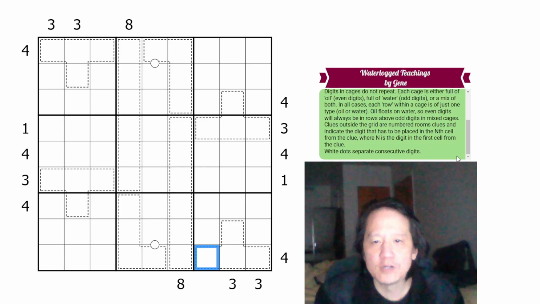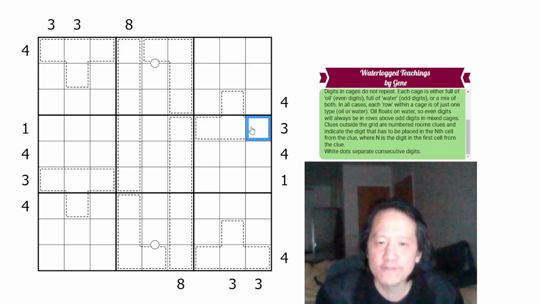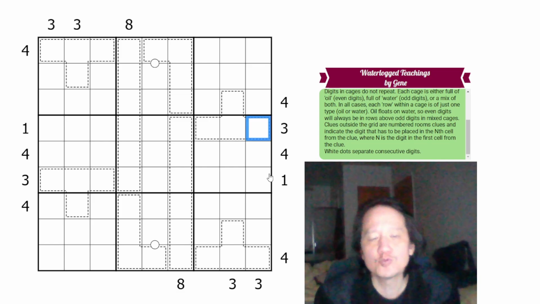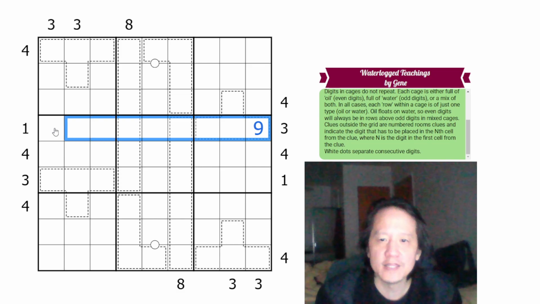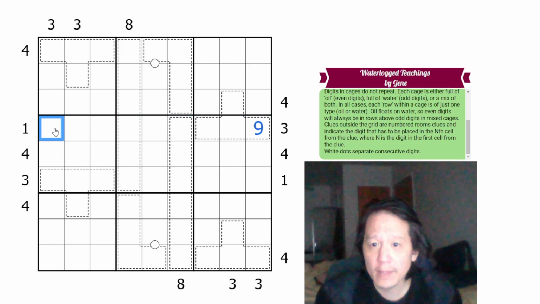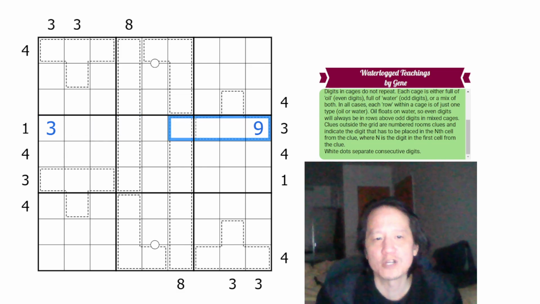Clues outside the grid are numbered room clues and indicate the digit that has to be placed in the nth cell from the clue, where n is the digit in the first cell from the clue. So if this was, for example, a 9, the 3 would have to be in the 9th cell, in this direction.